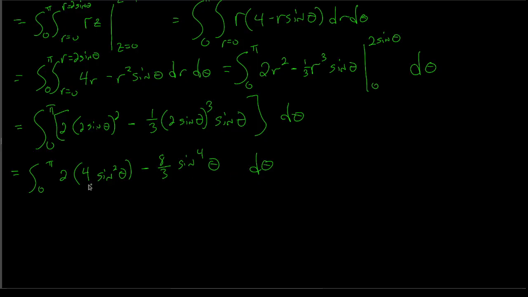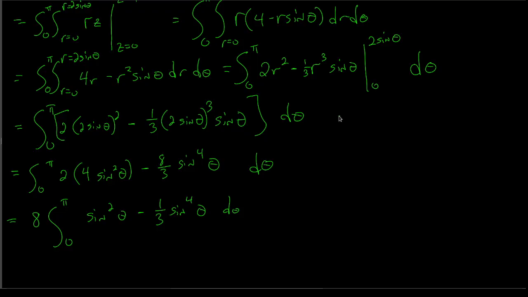In fact, what I think I'm going to do is to clean this up a little bit more, I'm going to pull the 8 out front. All right, because that's going to be an 8 times (sine squared theta minus 1/3 sine to the 4th theta) d theta. And now I'm going to use some power reduction rules.